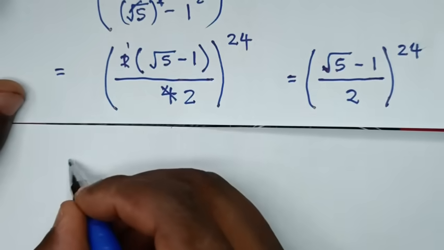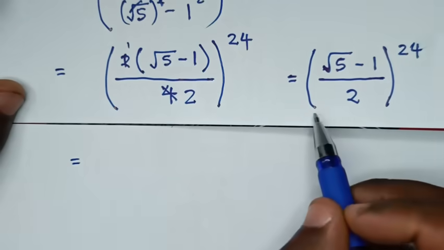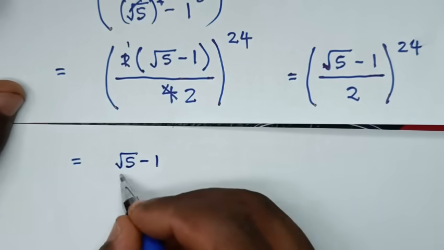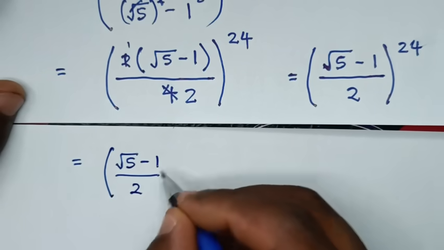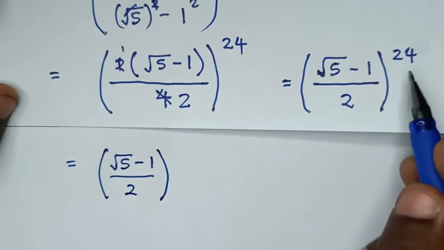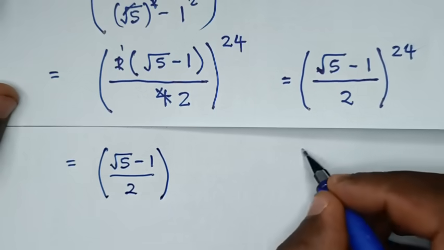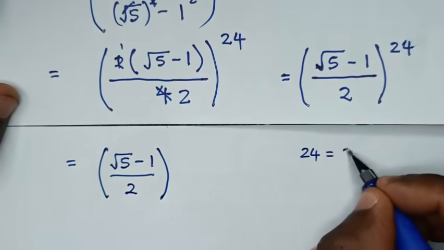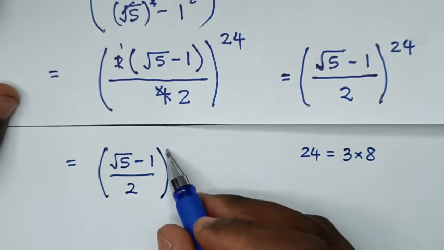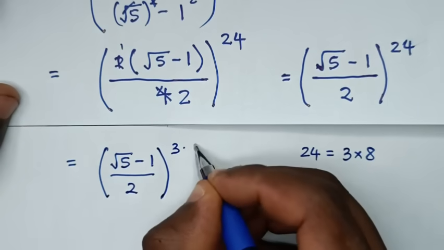Then in the next step, it will be square root of 5 minus 1 over 2, then bracket power of 24. 24 is equal to 3 times 8. So power of 24 will be 3 times 8.